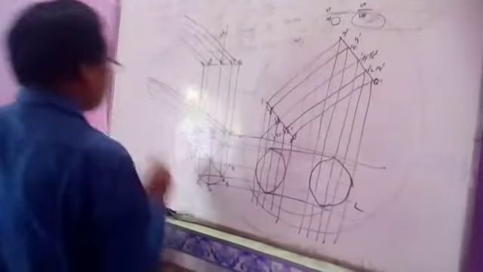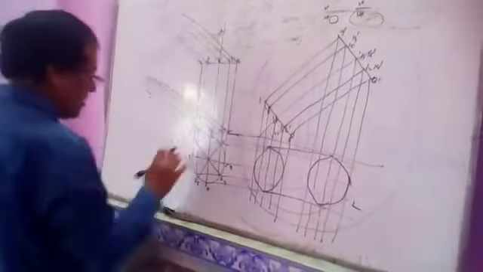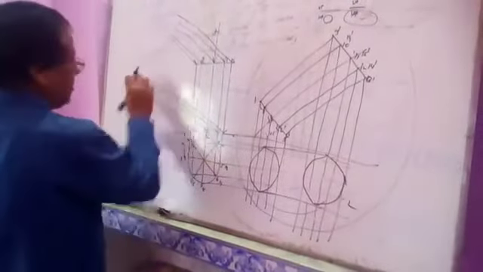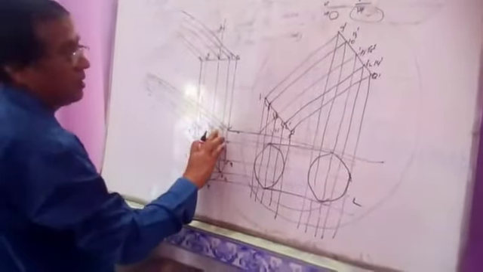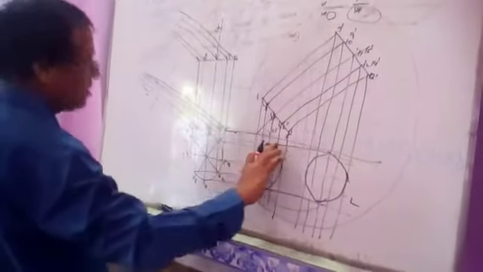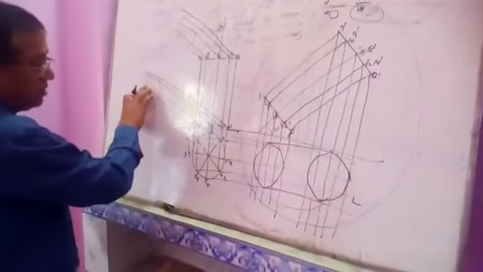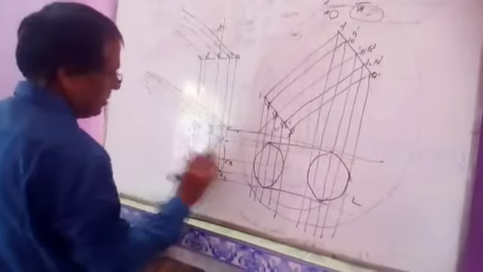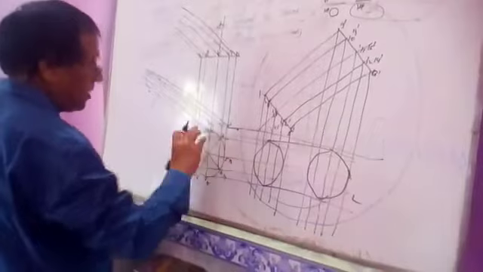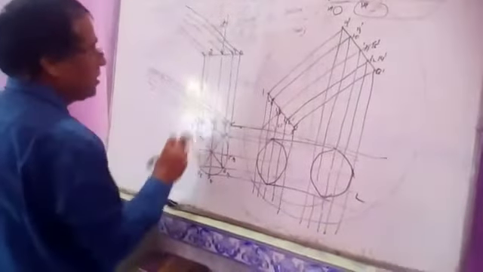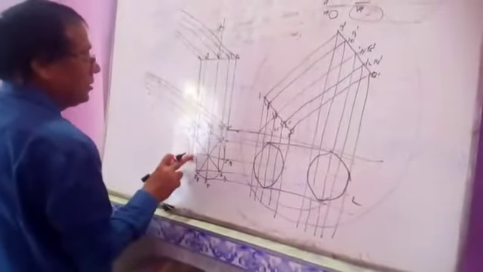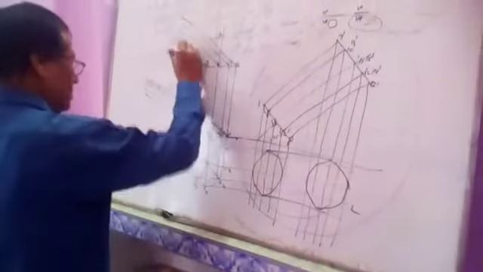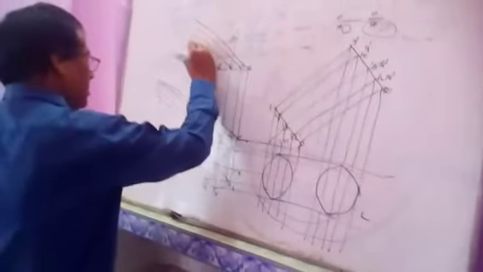Though I have plotted, due to the less of space, I have shown it smaller, but it will be of the same dimension. Mind it, it will be of the same dimension. Just I have plotted the concept. Similarly, in this figure, here it is the distance of 9 also. This distance is 9. So here it will be 9.